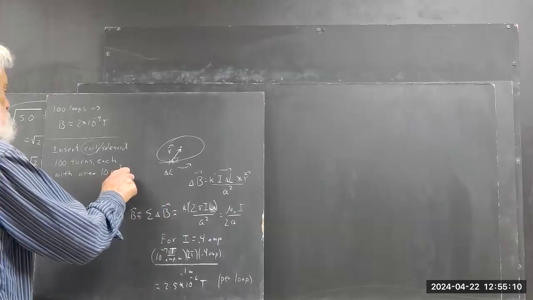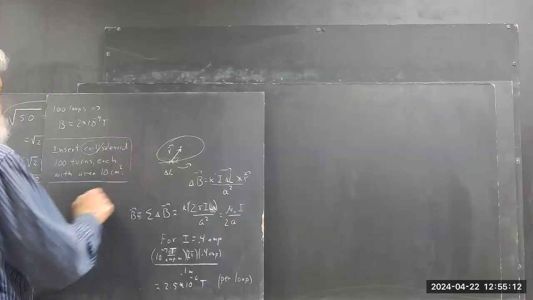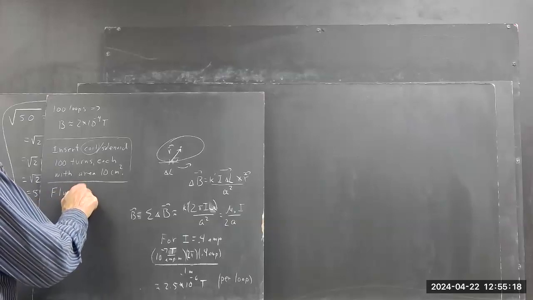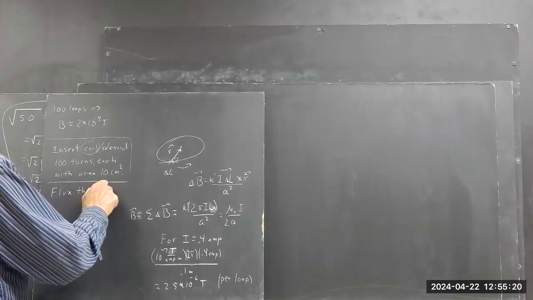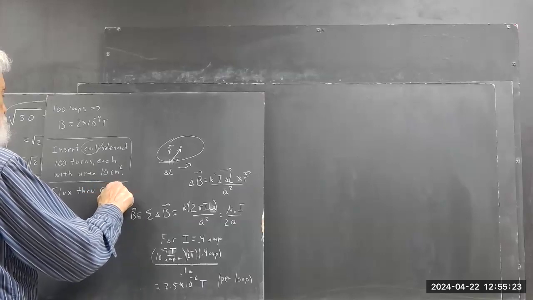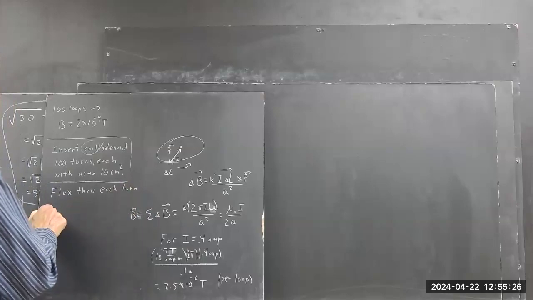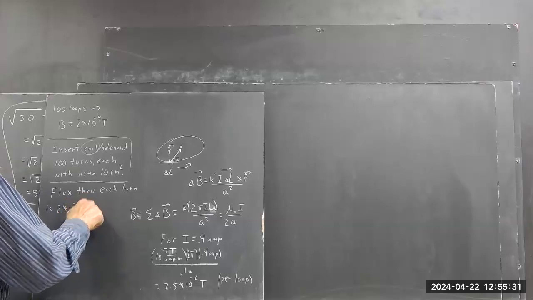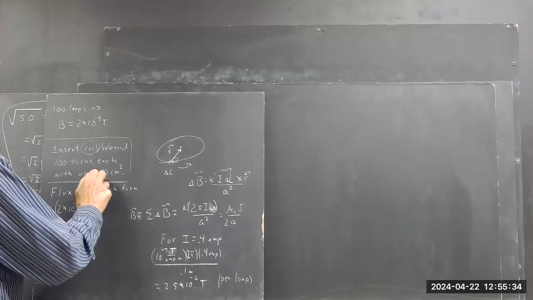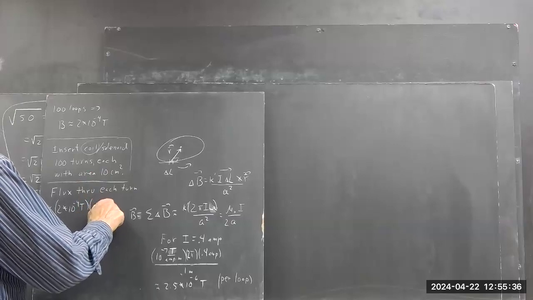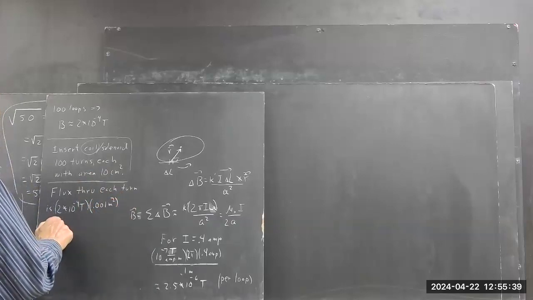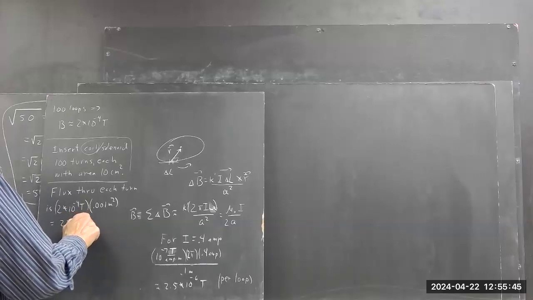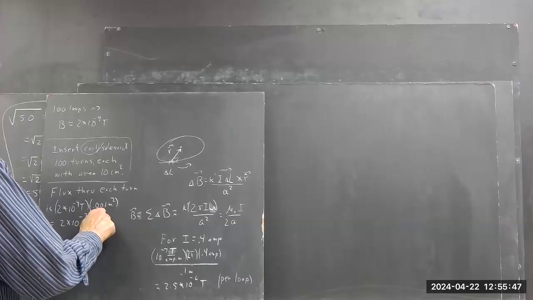So ten square centimeters is 0.001 square meter, which is 2 times 10 to the -7th Tesla meter squared.